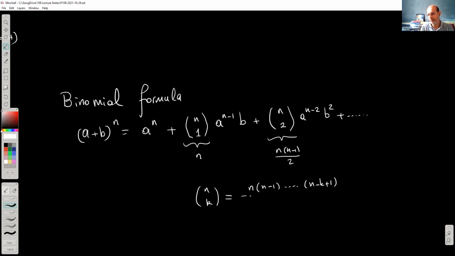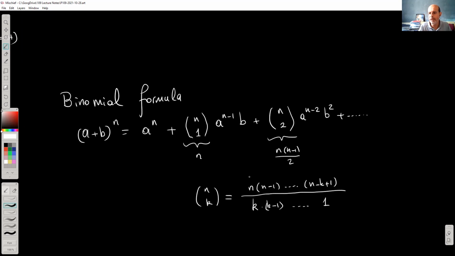So there are k numbers in here, divided by k times k minus 1 dot dot dot 1. So instead of factorials, probably it is better to write this thing down in here. So that's essentially what we do, right? The n 1 combination is n divided by 1, essentially. You can think of it like that. This n 2 combination is n multiplied with n minus 1 divided by 2, and so on, right? It just goes on like that.